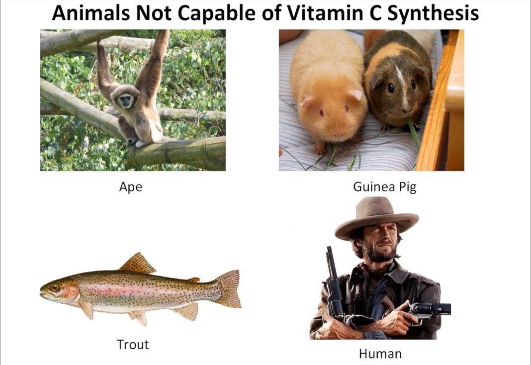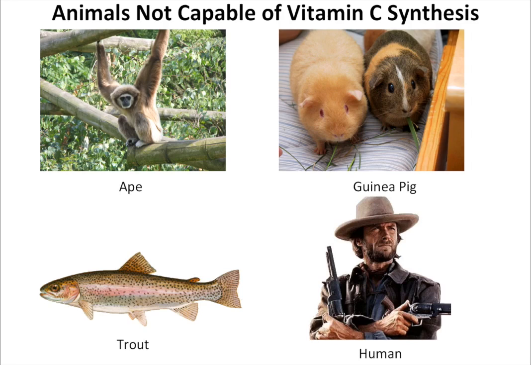And an interesting thing is that not some animals are actually capable of synthesizing vitamin C, but humans, which share this in common with several other species, the ape, the guinea pig, the trout, are not able to synthesize vitamin C. And it's believed that this is an evolutionary defect, because there's one enzyme that we're missing in the vitamin C synthesis procedure.